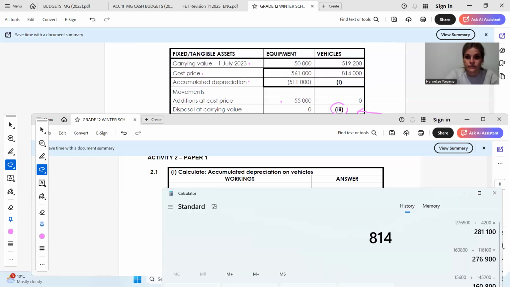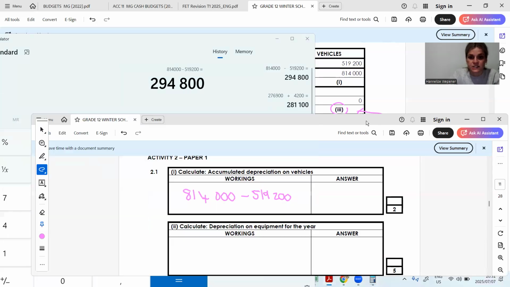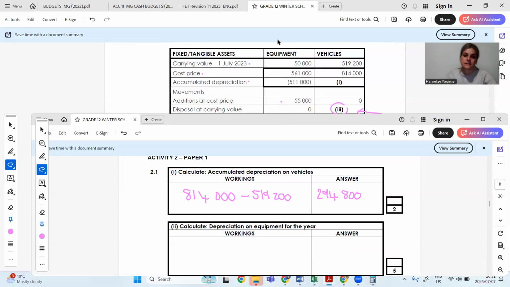So 814 minus 519 is equal to our accumulated depreciation of 294,800. Okay? So 294,800 that we have there. So let's write it here.